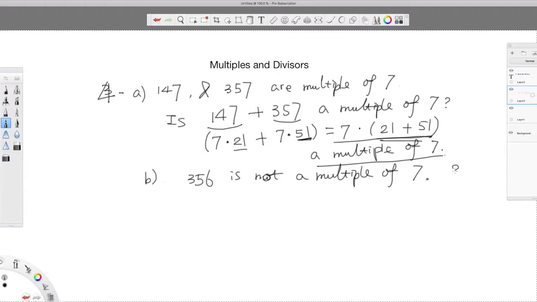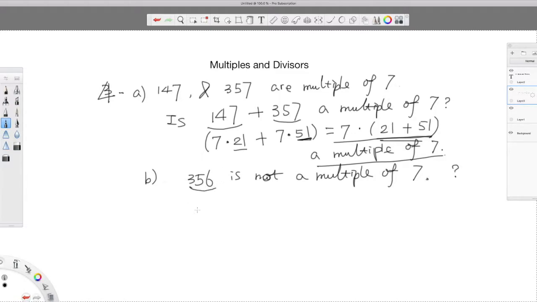Right? But why? Think for a second. Why do you say that, oh, 357 is a multiple of 7 and 356 is 357 minus 1? The smaller multiple of 7 below 357 should be 350, right? So this cannot be a multiple of 7.